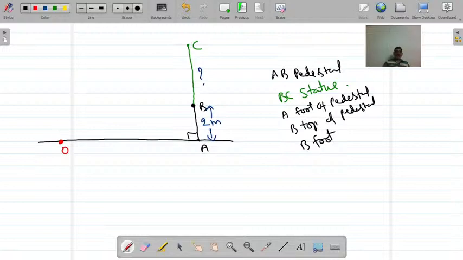From this point, first he observed the top of the statue and also he observed the top of the pedestal. Clearly you can see that this angle is less and this angle is more. So here you are given two angles, 45 and 60. You can see this is 45 degrees and this total angle is 60 degrees.